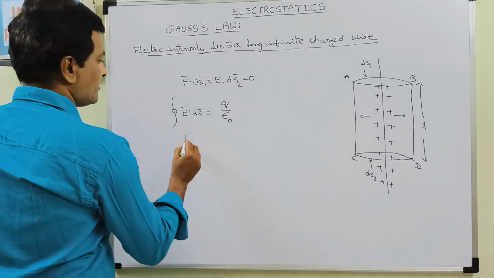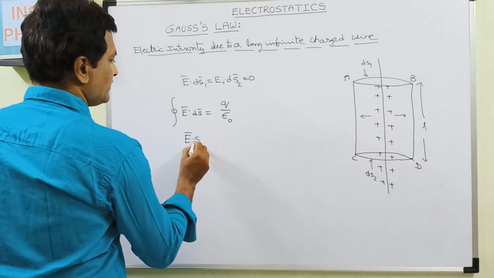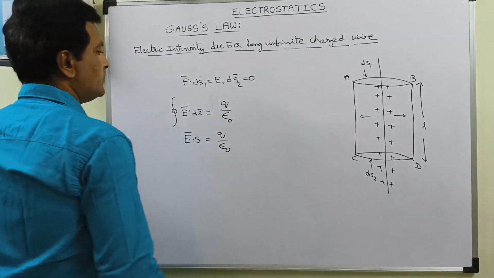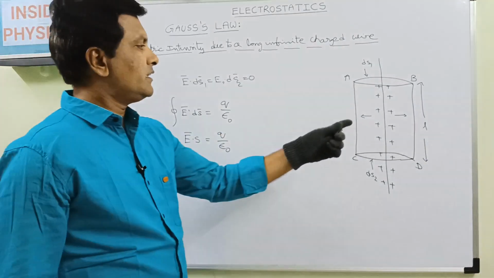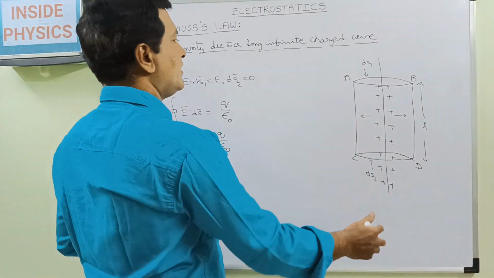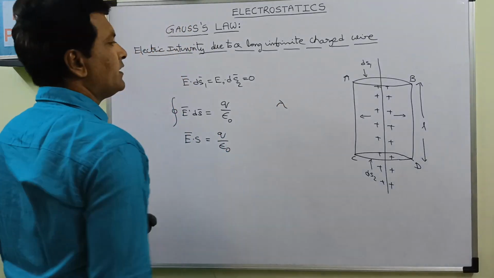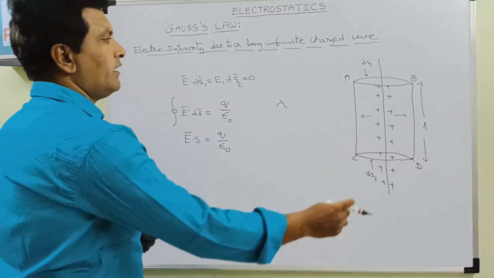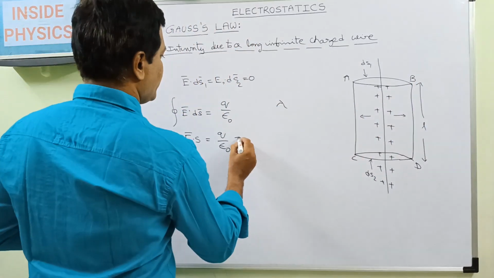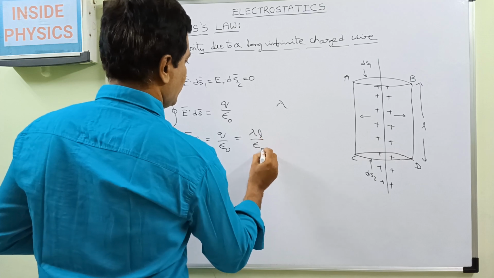With this integration we can write E times S is equal to Q by epsilon naught. Here the charge density across this cylinder will be lambda, and the length of the cylinder is L. So we can write Q as lambda into L, divided by epsilon naught.